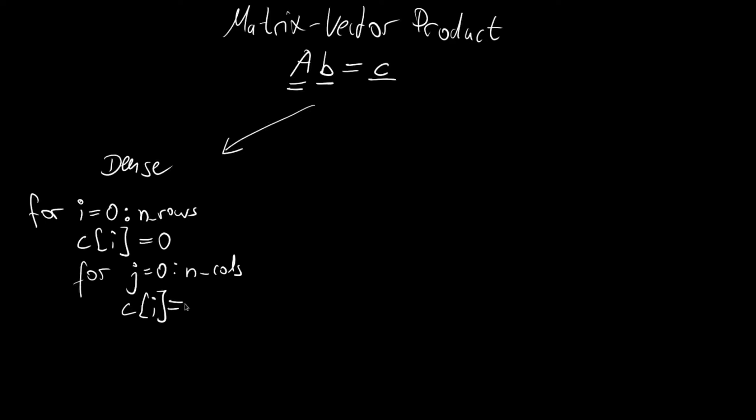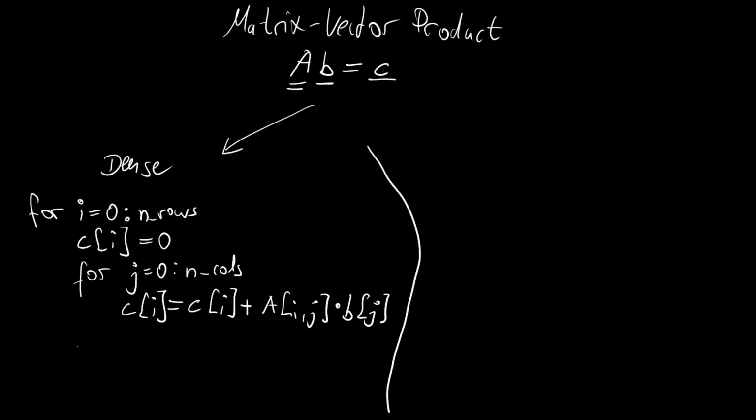So we need to, of course, have a summation here. So it's C at the position i plus A at position i, comma j times the value of B at position j. Then we end our loops. And this is the pseudocode of how to do a dense matrix vector product.